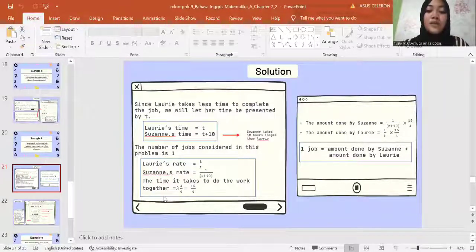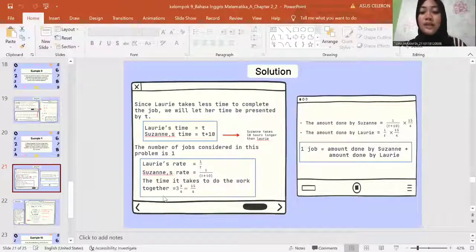The time it takes to do the work together is 3/4, or 15/4. The amount done by Susan is 1/(t plus 10) times 15/4. The amount done by Lowry equals 1/t times 15/4.